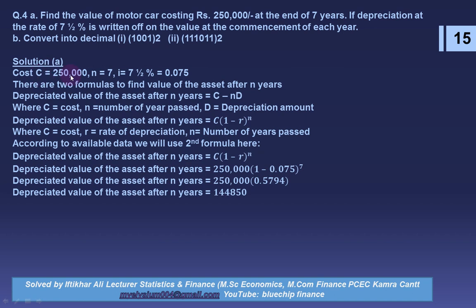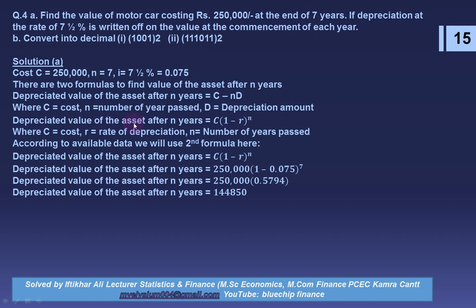Cost is 2,50,000. N is the time period, which is 7. Interest rate is 7.1/2%, in fraction it is equal to 0.075. There are two formulas to find the value of an asset after n years. Depreciated value of the asset after n years is C minus ND, where C is cost, N is number of years past, and D is depreciation amount.